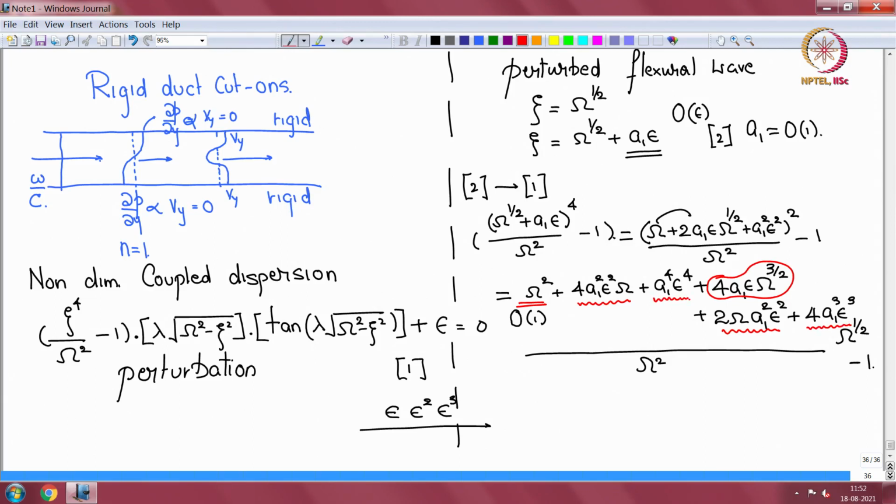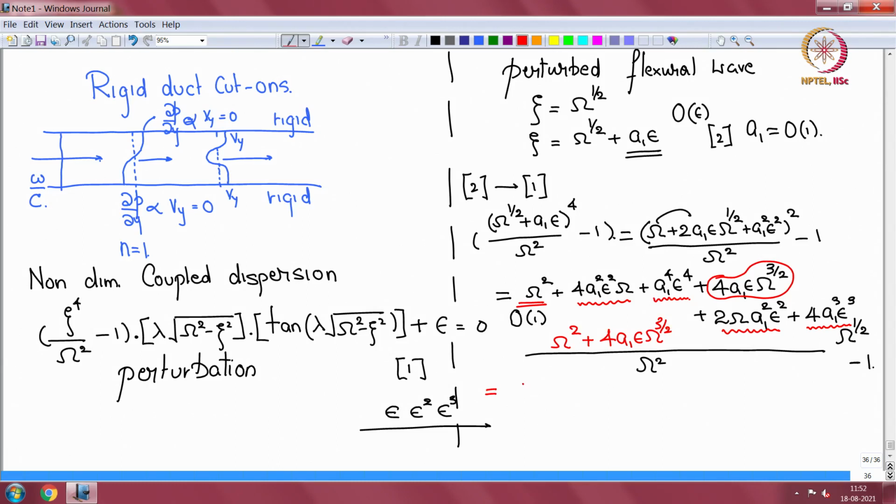So, we will neglect the ones which are higher than epsilon. So, we will keep omega square plus 4 A1 epsilon omega to power 3 by 2 divided by omega square. So, this turns out to be what?